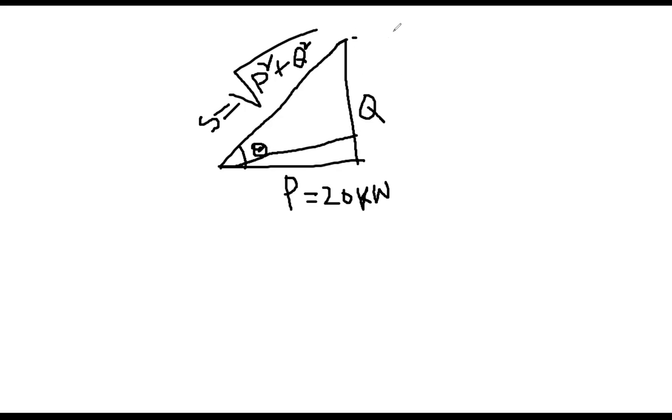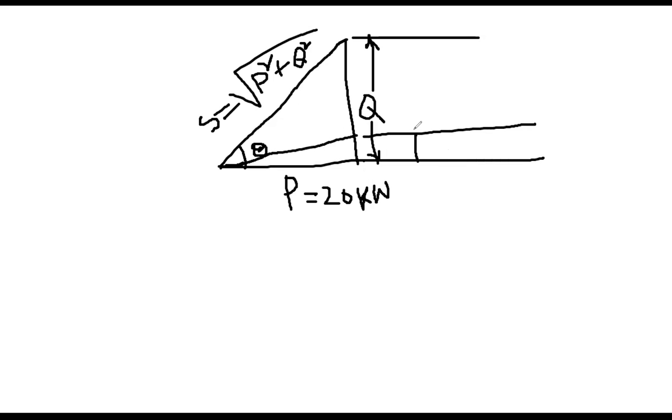So originally, for example, this was your Q. But now you use the capacitor, and that capacitor reduced the amount of reactive power. For example, this is your new triangle. This distance from here to here is your new Q value, designated Q new.